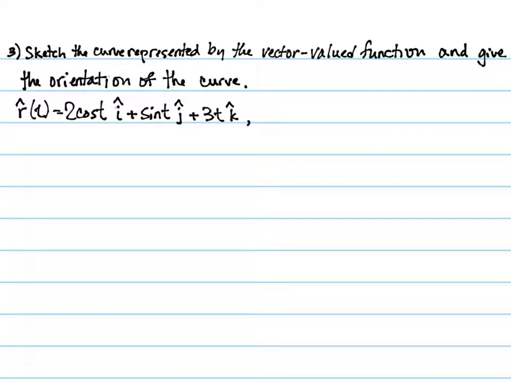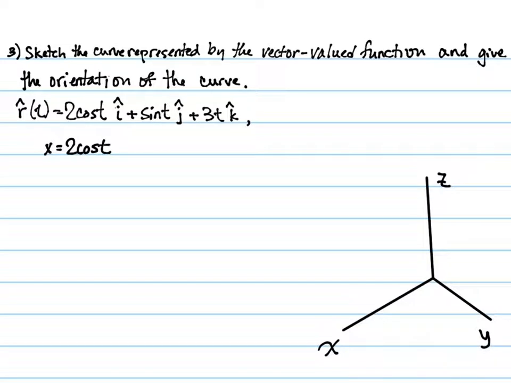So we're drawing this in an ordered Cartesian plane. Draw it right, like this. So we have our x direction, our y direction, and our z direction. And each of these components, i, j, and k, correspond, of course, to the x, y, and the z directions of the axes. So our x is actually the 2 cosine of t, and our y is the sine of t, and our z is 3t.